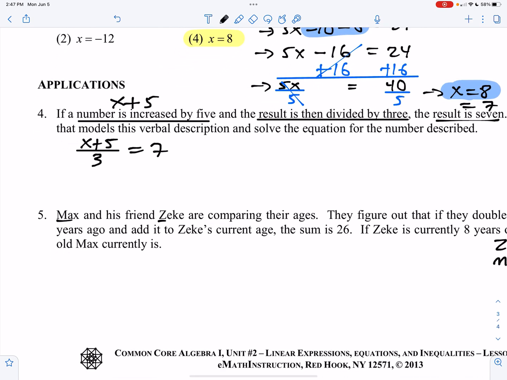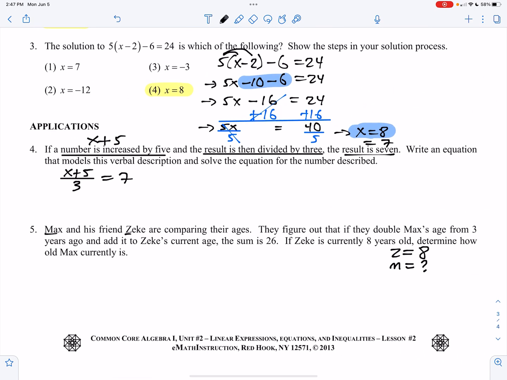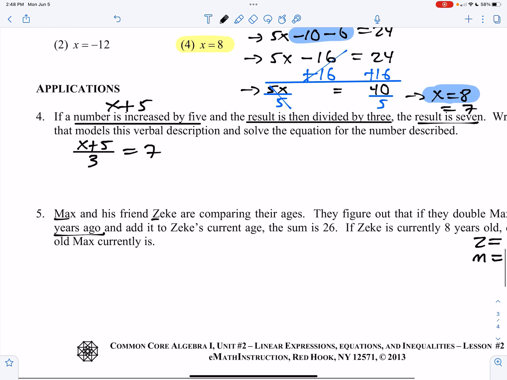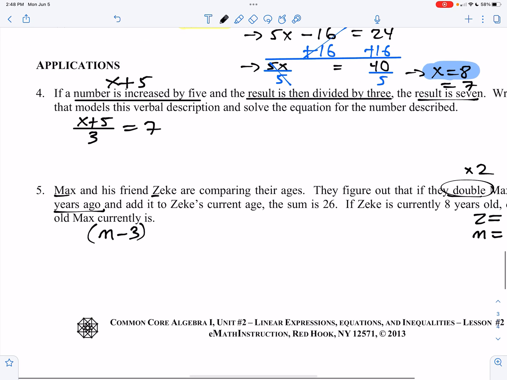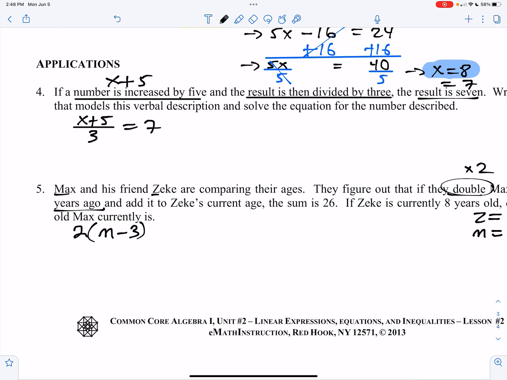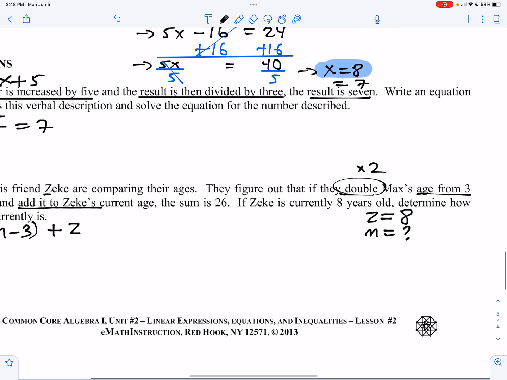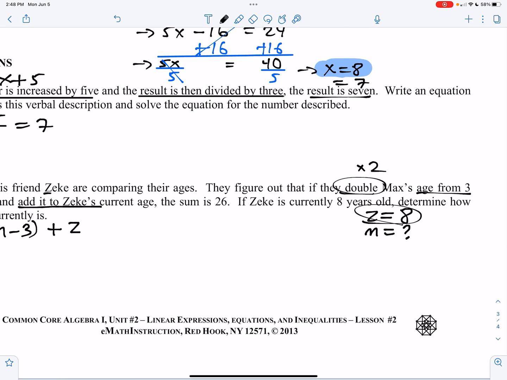If we double Max's age from 3 years ago, well, 3 years ago means to subtract 3. So if I take Max's age minus 3, and then I double it, which means times 2, and add it to Zeke's current age, but what is Zeke's current age? It's 8.